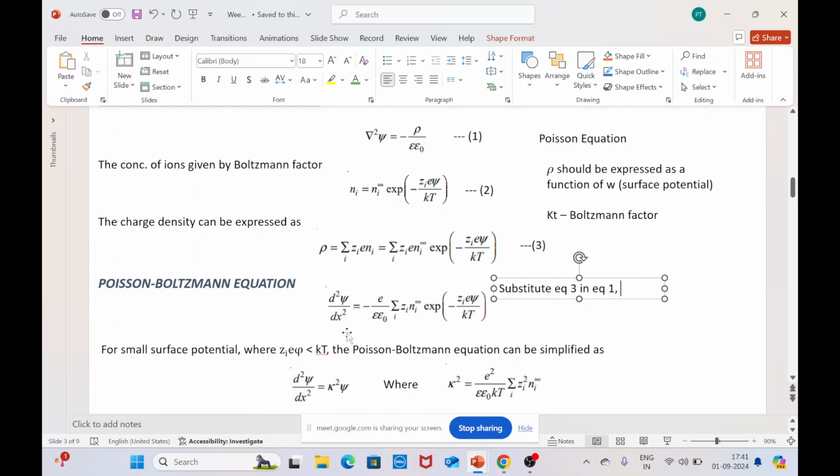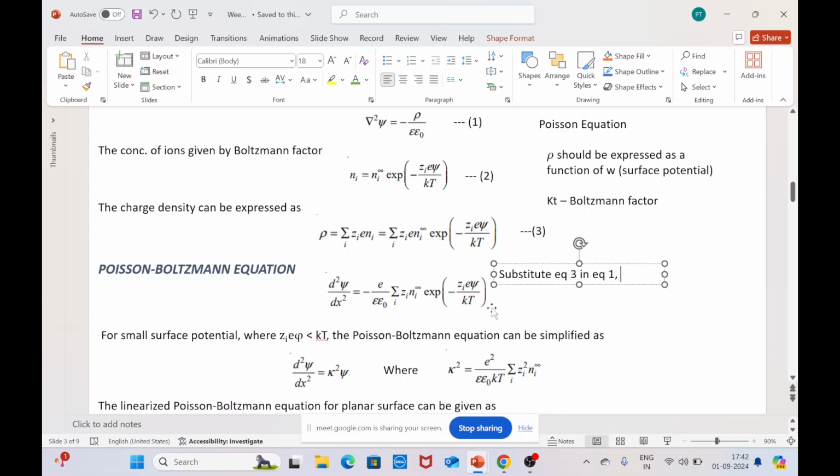So e by epsilon times epsilon naught, where epsilon is your dielectric constant and epsilon naught is the dielectric permittivity of free space, times the summation of Zi, that is your valency of the ion, Ni at infinity, times exponential minus Ze psi by kT.